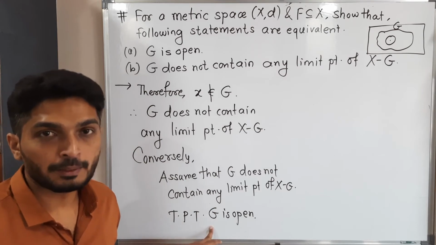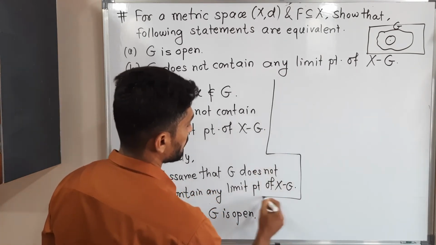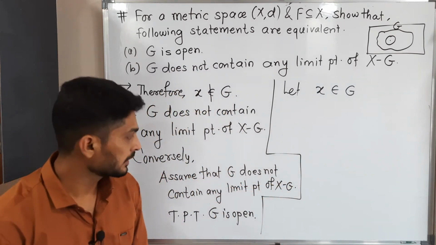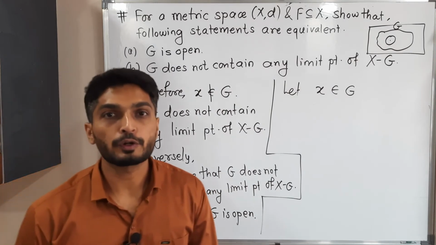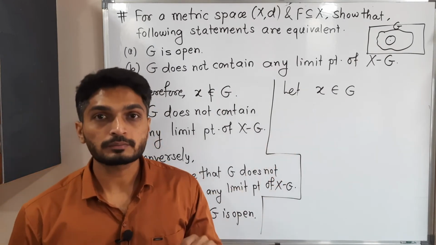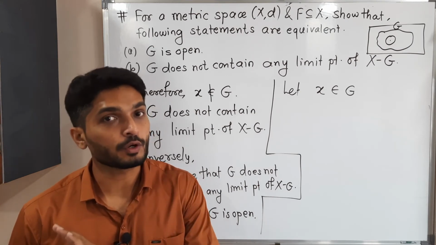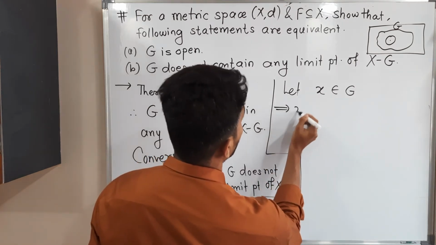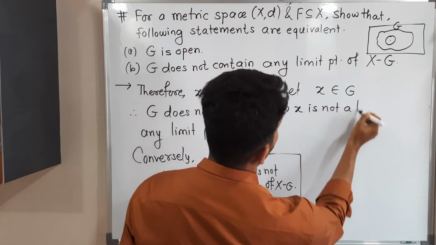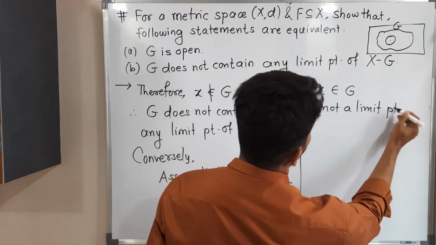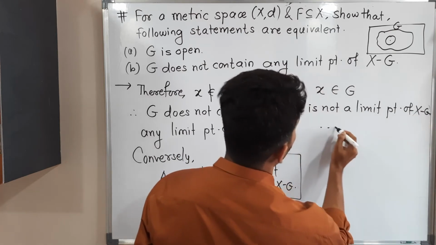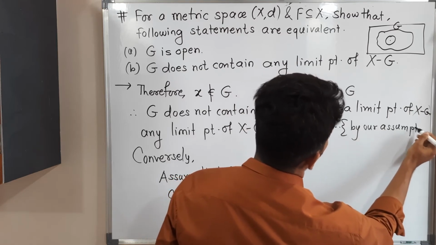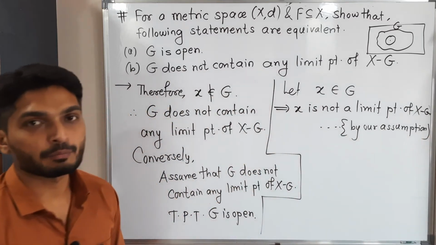I am going to take one arbitrary point from this set G. Let x belong to G. But G does not contain any limit point of X minus G, and x belongs to G. That means 101% x is not a limit point of X minus G. We could write it because of our assumption.